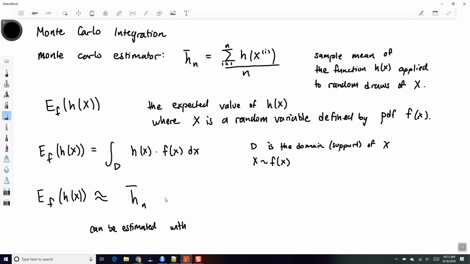Right, and we said that this can be used to estimate the area of an integral, or it can be used to estimate the average value of a function.